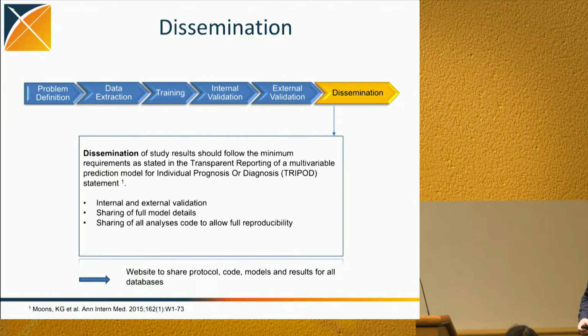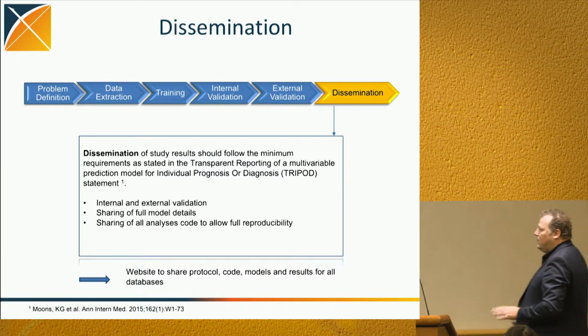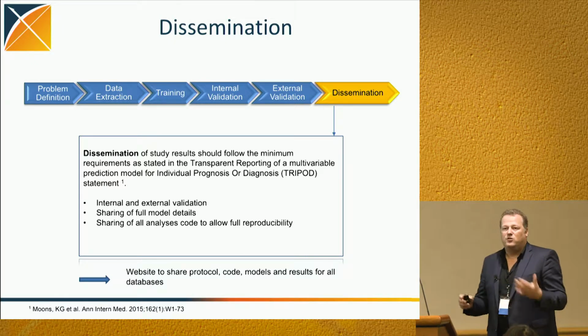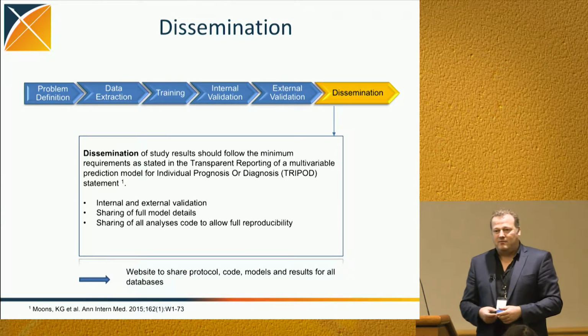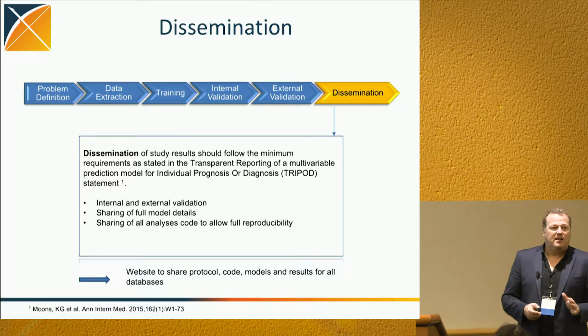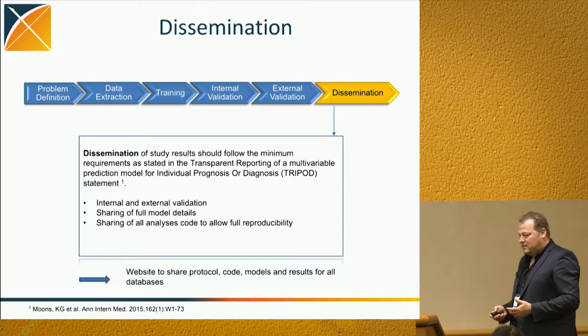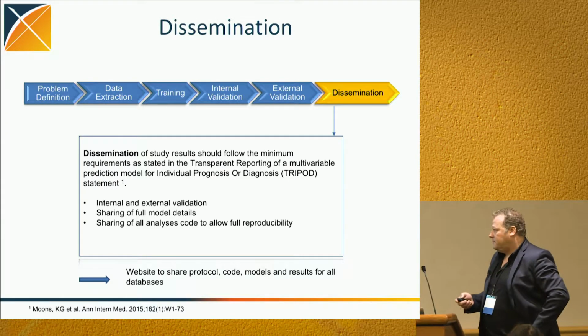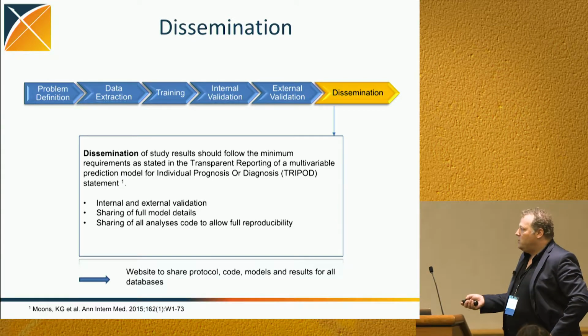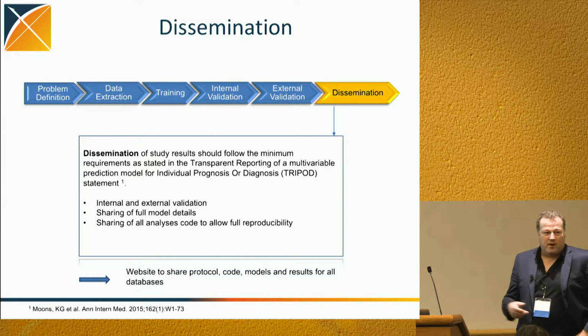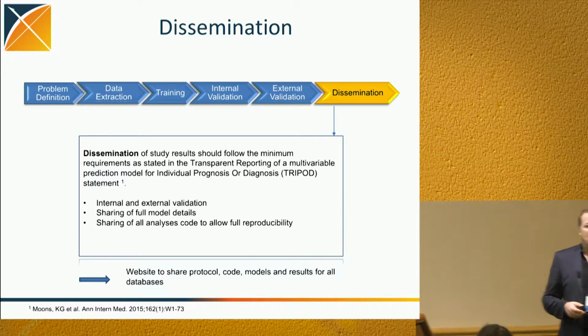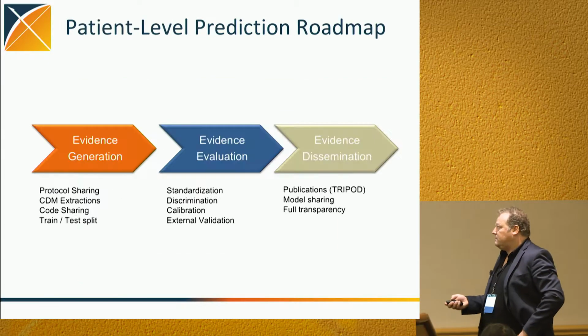I think we have a very unique opportunity to do that in OHDSI, and we should share all those results with the community. I think that would really make a big change in how we do predictive modeling in general, but also all the other methods development that we do in OHDSI. So we are moving to that. We hope to progress more on that in the upcoming year.